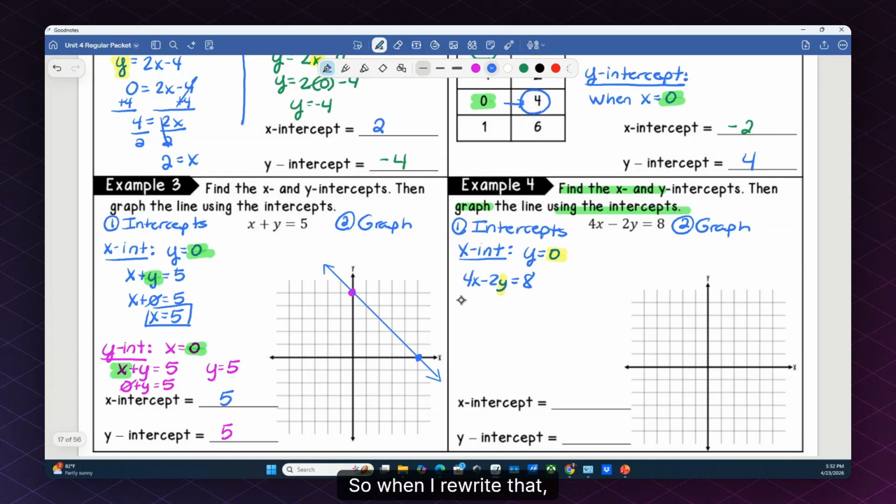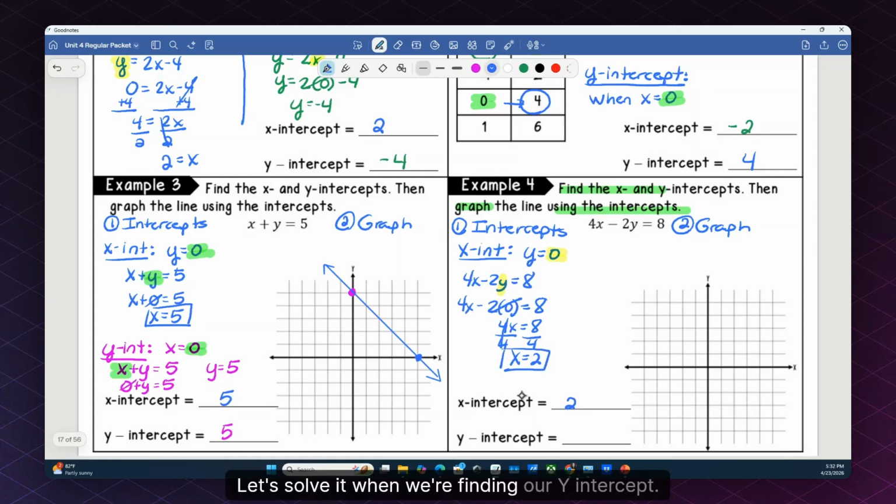So when I rewrite that, I get 4x minus 2 times 0 equals 8. My favorite thing in the world happens: this drops out, because anything times 0 drops out. So we get 4x equals 8. We can divide by 4 on both sides, and so x equals 2. So my x-intercept is 2.